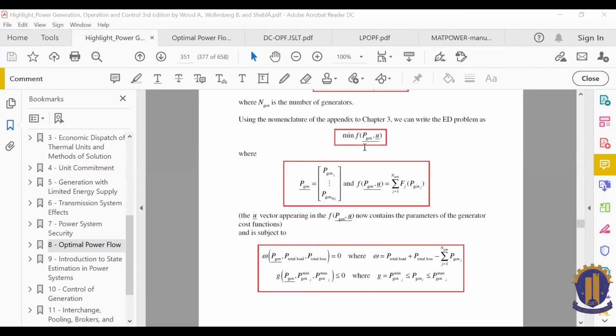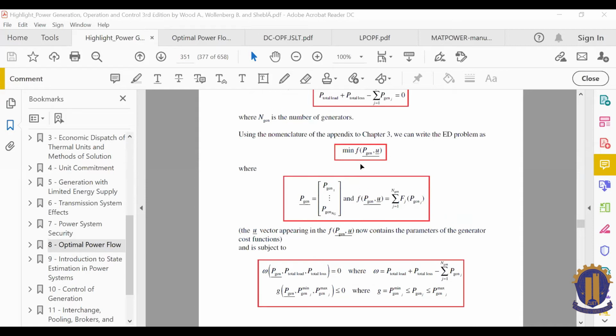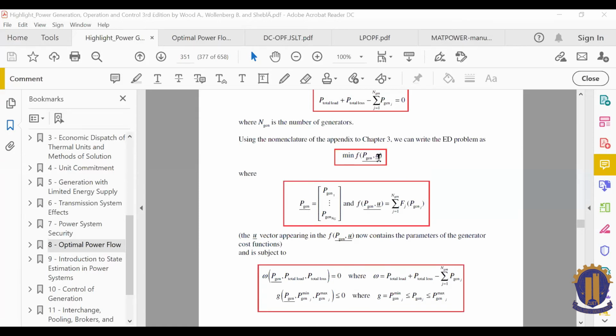Here Pgen means the generation amount from a particular generator, from 1 up to nj number of generators. So it is a vector, and a new variable appears here, u. It is called the control variable, how much generation, as it is power system operation and control. So economic dispatch actually runs every hour or for day-ahead scheduling.